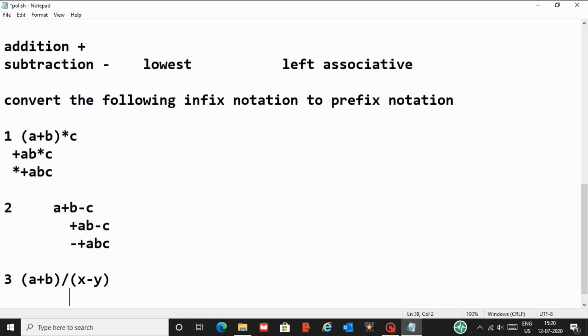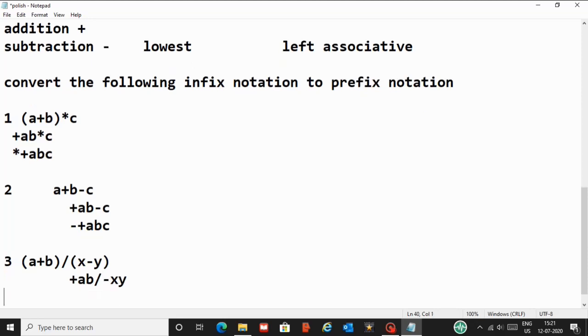First brackets, the top one and the bottom one. The top one would be plus AB, yes, divided by minus XY.